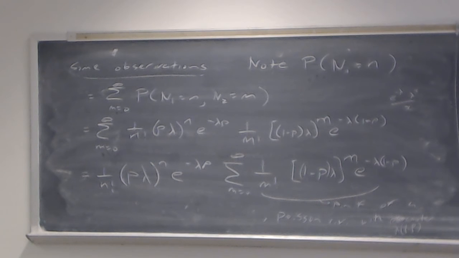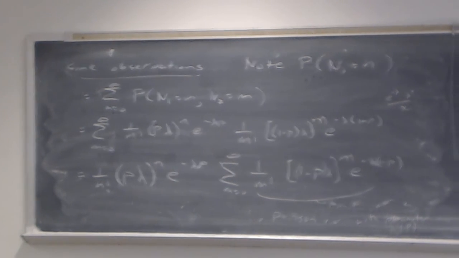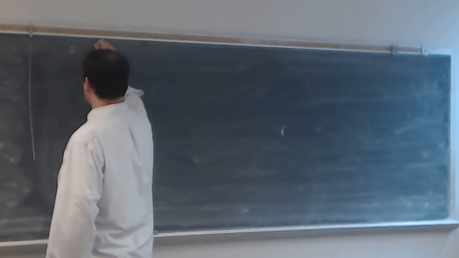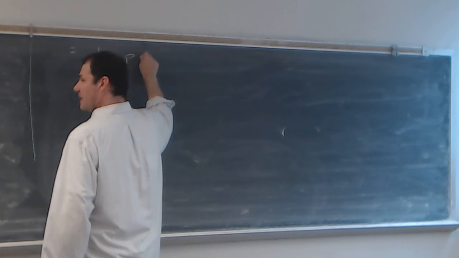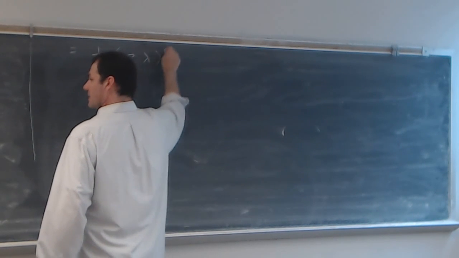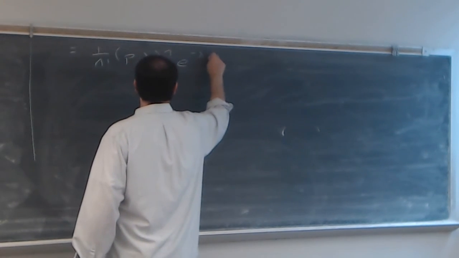It's perfect. To finish that up, that sum is of course 1. So we get 1 over n factorial, p times lambda to the n, e to the minus lambda p.